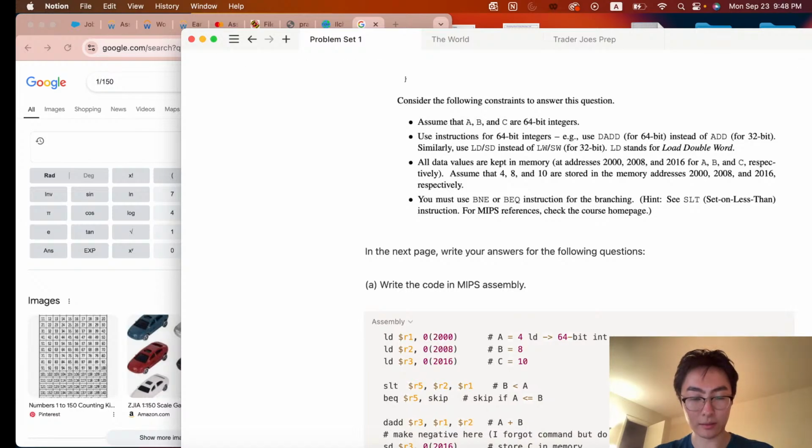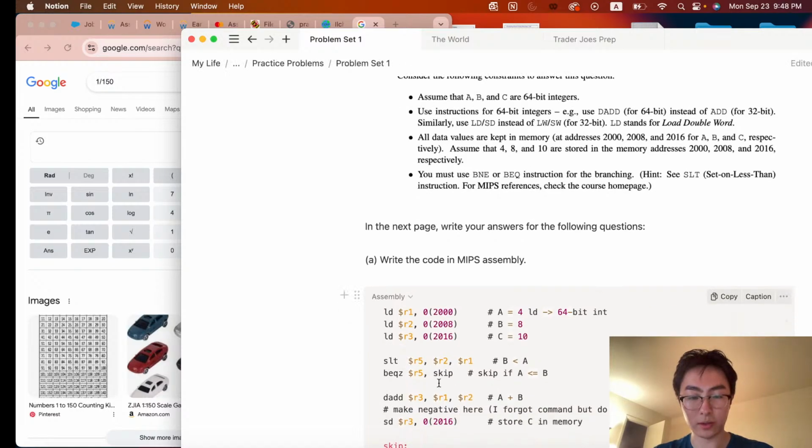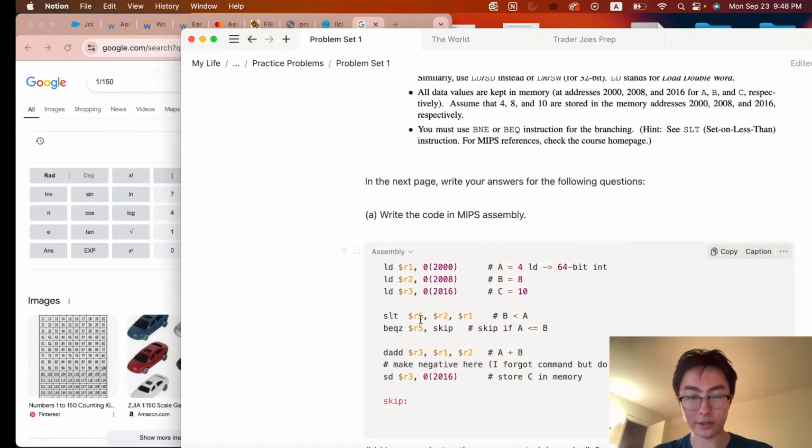If it's equal to 0, then we just go to skip. We don't actually run this.